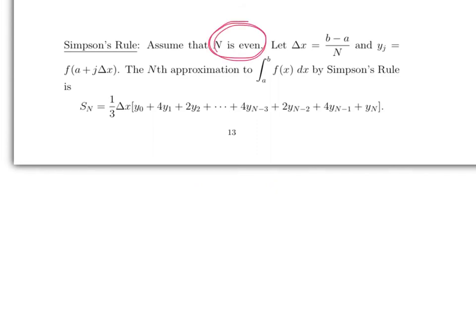We're going to talk about delta x, again, just like before, b minus a over n, the width across. The y values, the yj's, are going to be f of a plus j delta x. And then the nth approximation for Simpson's rule is given by this lovely formula here, 1/3 delta x, and then we have all these values added together.